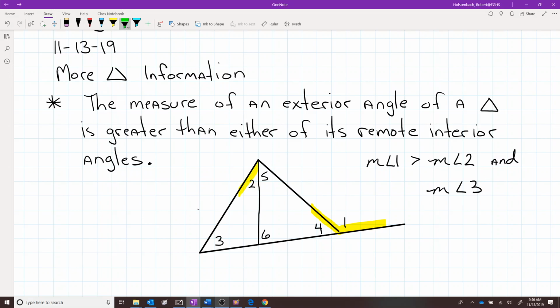Let's make this one green. It's still greater than this one, no matter how many angles are in here, and it's greater than this one, no matter how many angles are there. Okay? That makes sense to everybody? Very good.